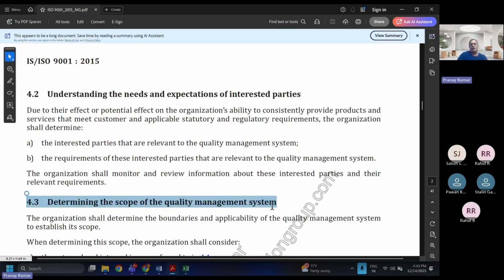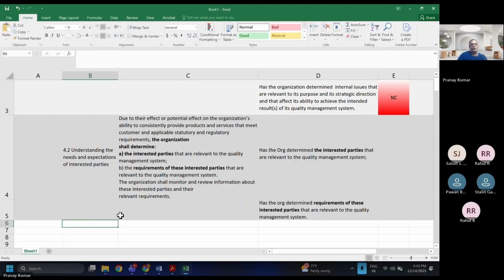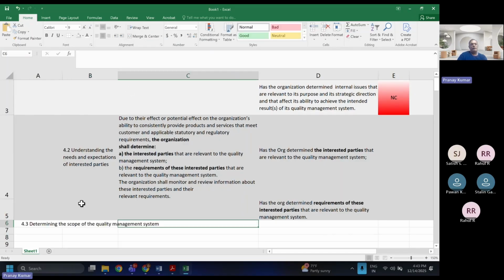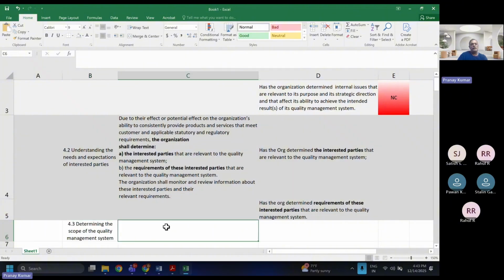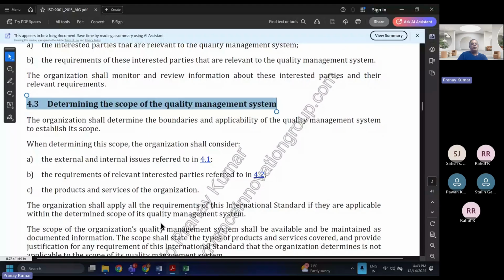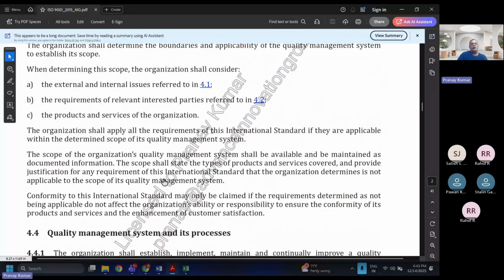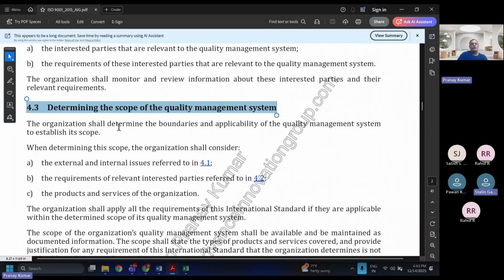4.3, copy, paste. I have the name of the subclause. What does it need? It says the organization shall determine the boundaries and applicability of the quality management system to establish its scope.